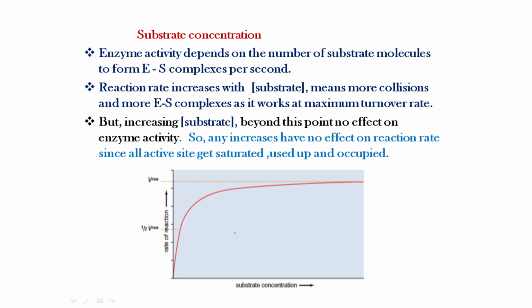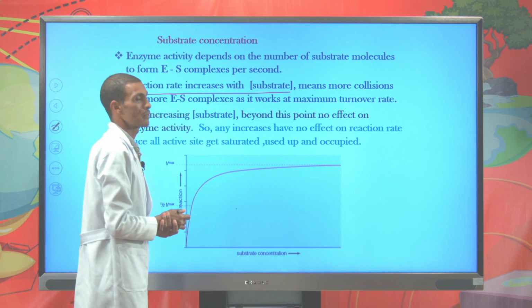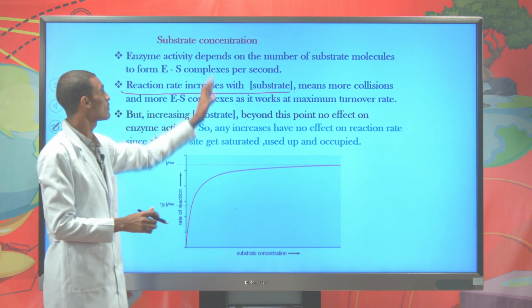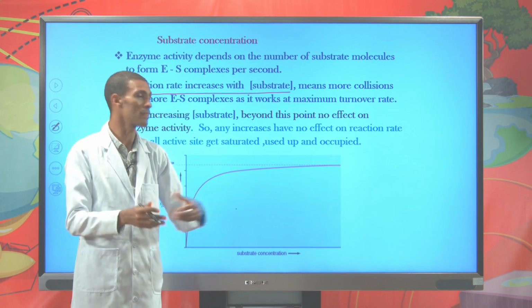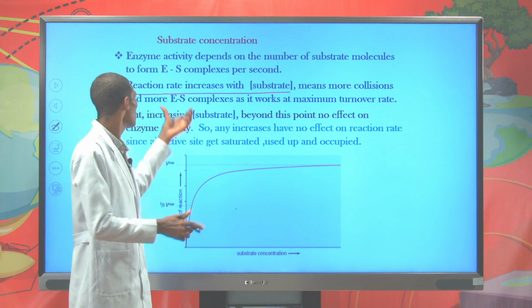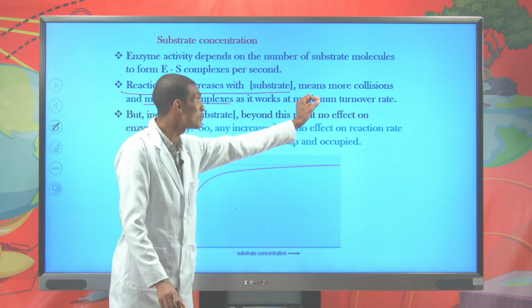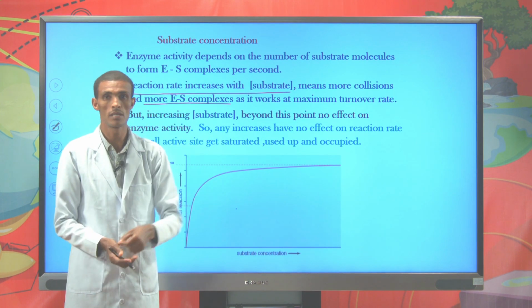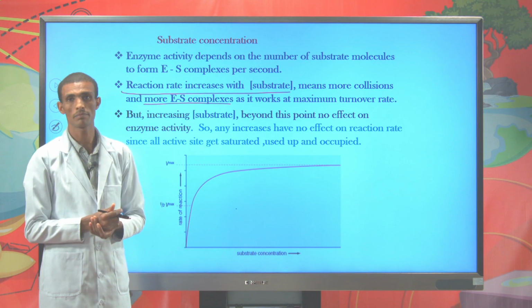This means the rate of the reaction increases with substrate concentration. If substrate concentration increases, more collisions between substrate and enzyme take place, and more enzyme-substrate complex forms. That can work at maximum turnover rate, the rate of conversion of reactant to product.